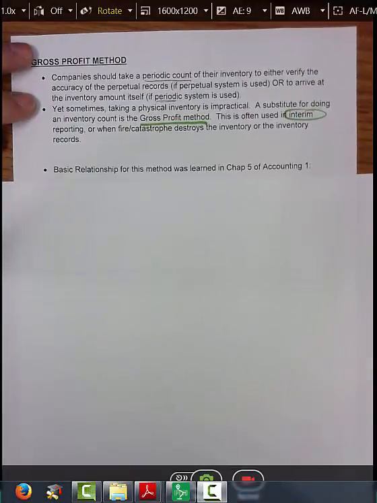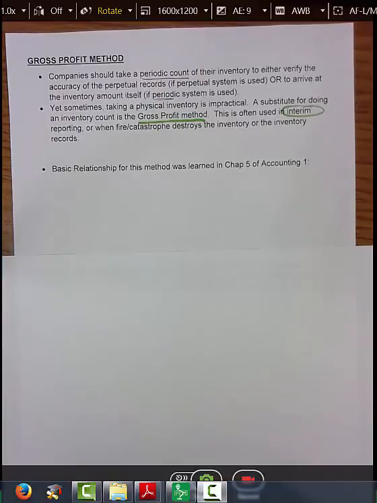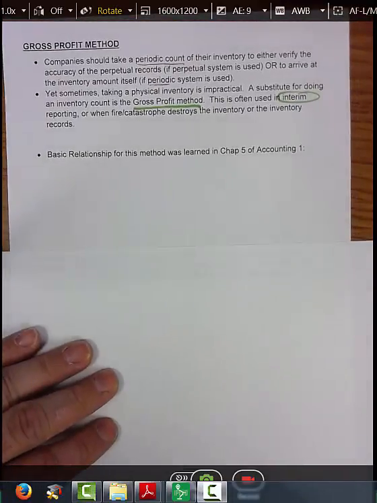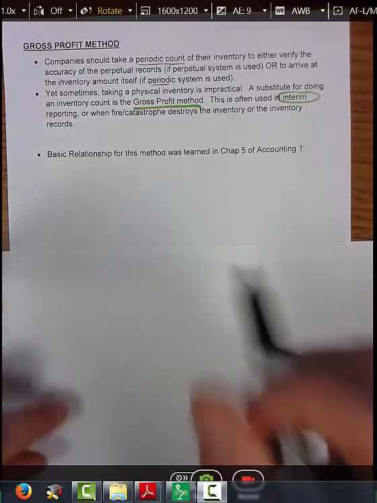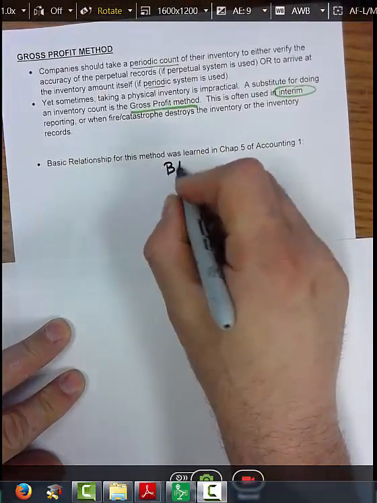Now, the basic relationship for this method was learned way back in Chapter 5 of Accounting 1. Let's review that.